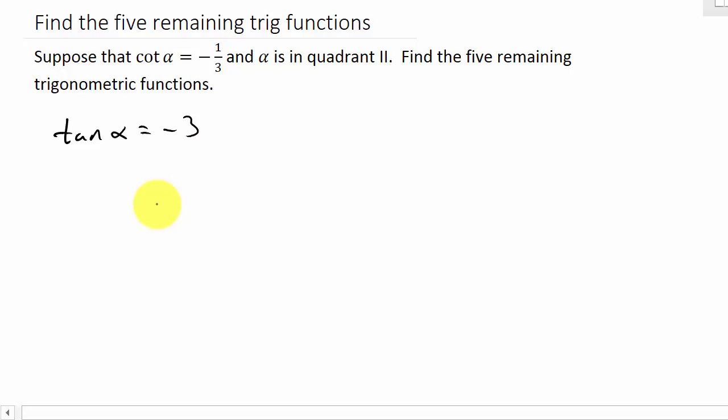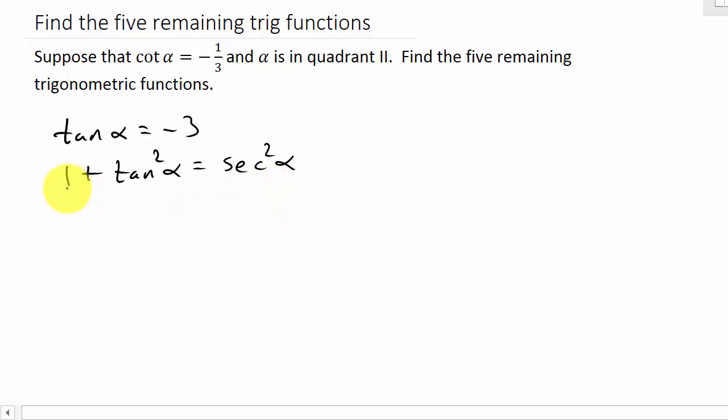Now we have tangent. So what identity can we use to find something else? Since I know tangent, I can use the identity 1 plus tangent squared alpha equals secant squared alpha, and this way I can find secant squared.